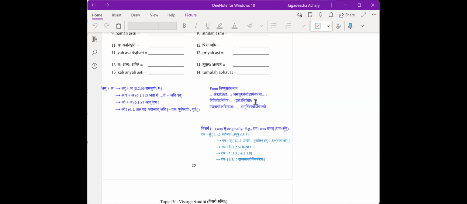Aprameyatma. Okay, because asankheyaha is akaranta pullinga, that's why it gets asankheyaha, one of Vishnu's names. Aprameyatma is not akaranta pullinga. The pratama ekvachana is aprameyatma, it is nakaranta, like atman, just like atma. So that's not participating in sandhi.